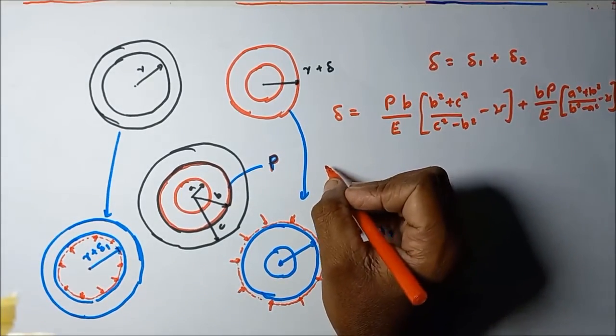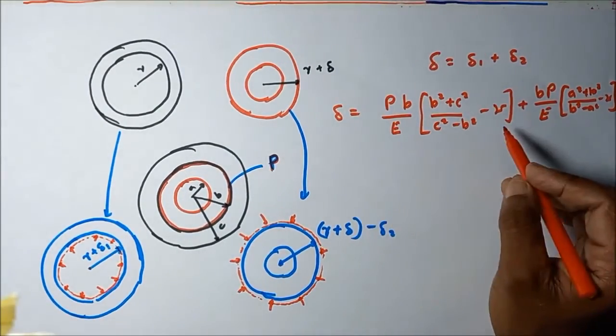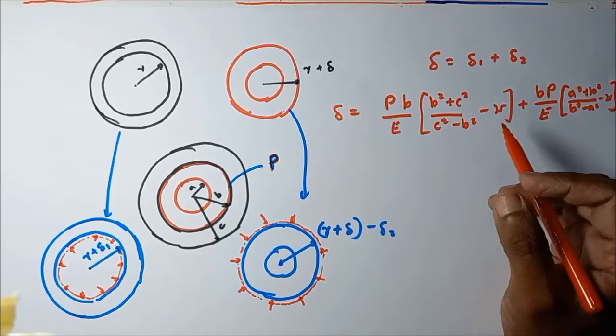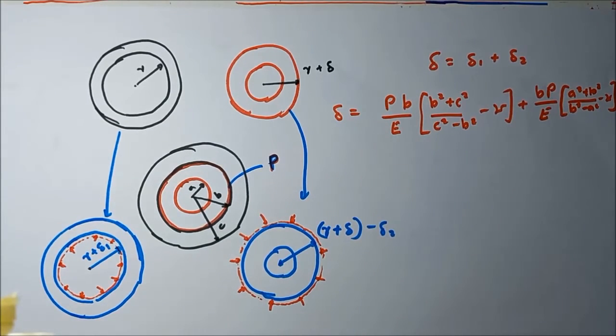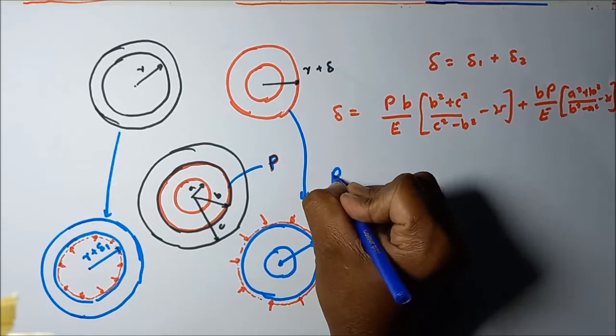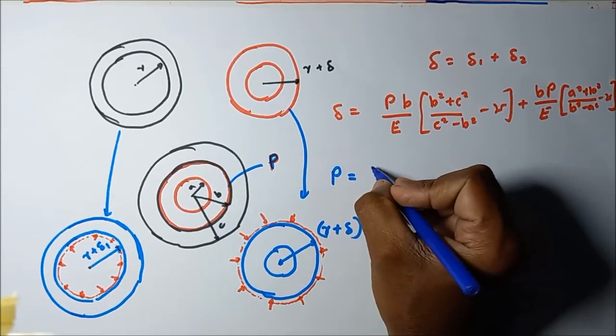Then this is delta. By making P the subject of this equation, we obtain this equation.